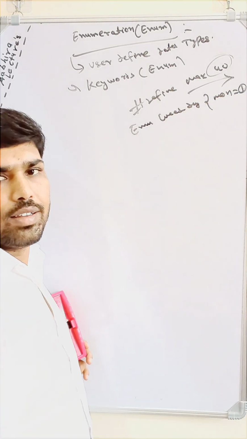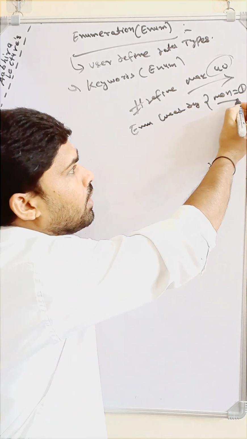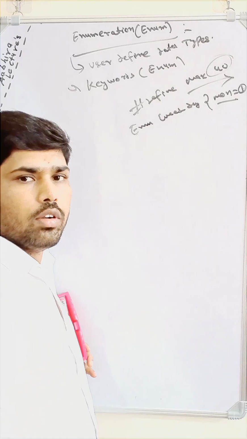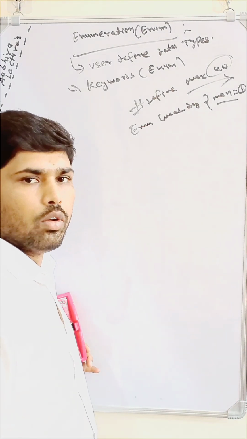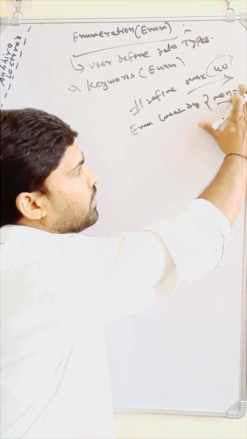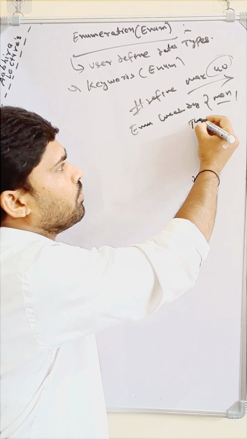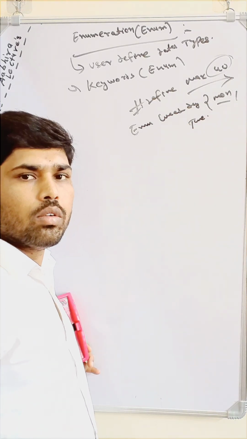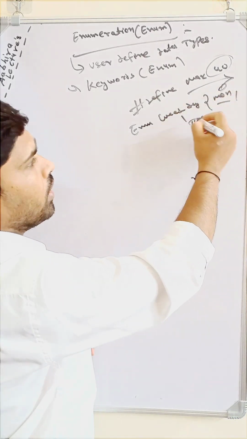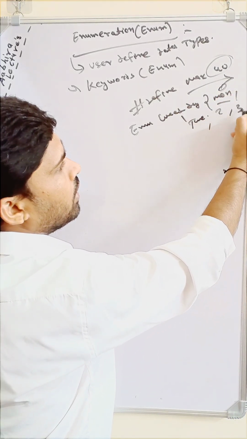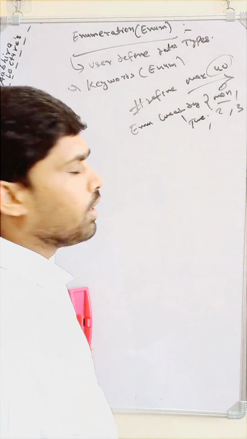If we don't initialize any value, then by default it will take 0. Suppose you assign some value, it will take that value, no issue. But if you don't assign any value to Monday, Tuesday, the compiler will automatically take 0, 1, 2, 3, 4, 5 by default.